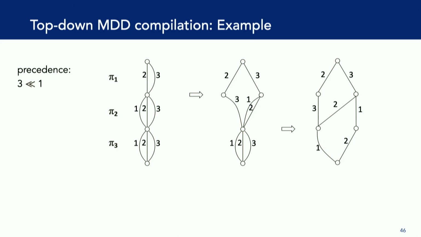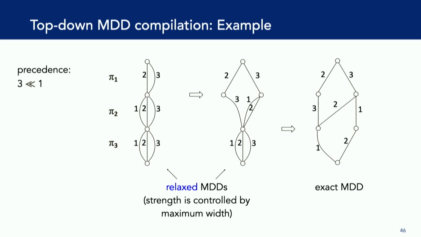So the illustration here is that the constraints are given a chance to remove arcs, refine the diagram by splitting it, layer by layer. And then we end up, in this case, with the exact diagram. In general, you would have a relaxation, which is not necessarily exact, but still can give you very interesting information. For example, you can get bound information, and of course these other ones are still relaxed.